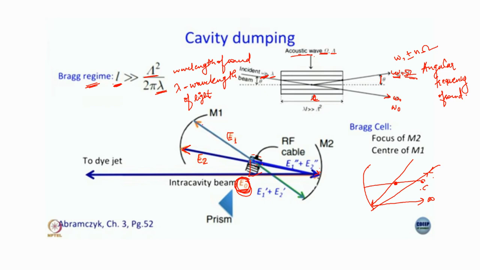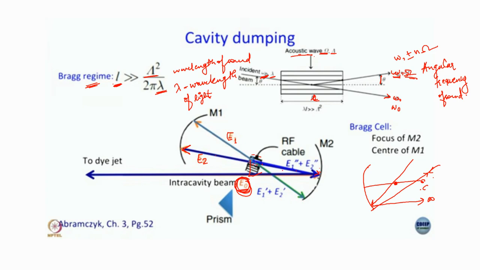Again, what happens, since this Bragg cell is kept at the center of curvature, both of the beams will retrace their path. When E1 comes back, it is again split by this Bragg cell into two components, E1 prime and E1 double prime.